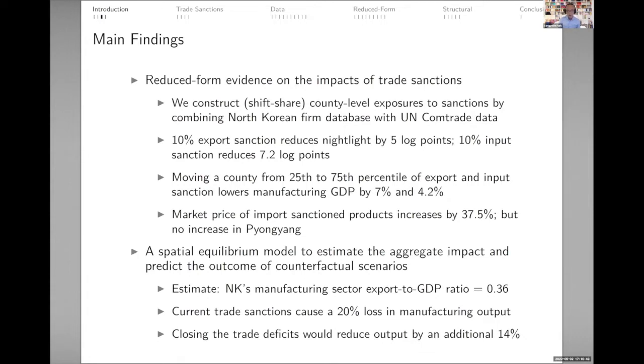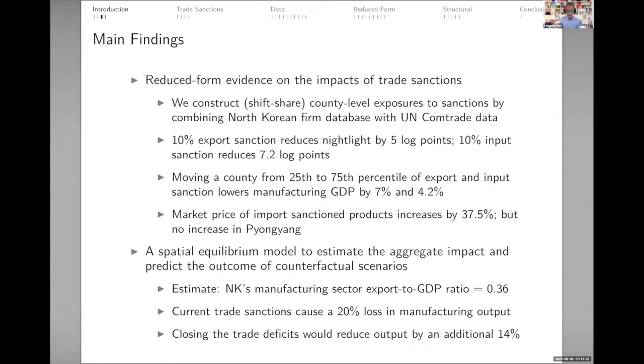From our reduced form estimate, we find that a 10% increase in export sanctions, so that's a sanction on North Korean export products, reduces nightlight by about 5 log points. And a 10% increase in intermediate input sanction reduces nightlight by about 7.2 log points. Now, to convert that into an economic measure, we separately estimate the nightlight to GDP elasticity using Chinese counties that have similar characteristics to North Korean counties.